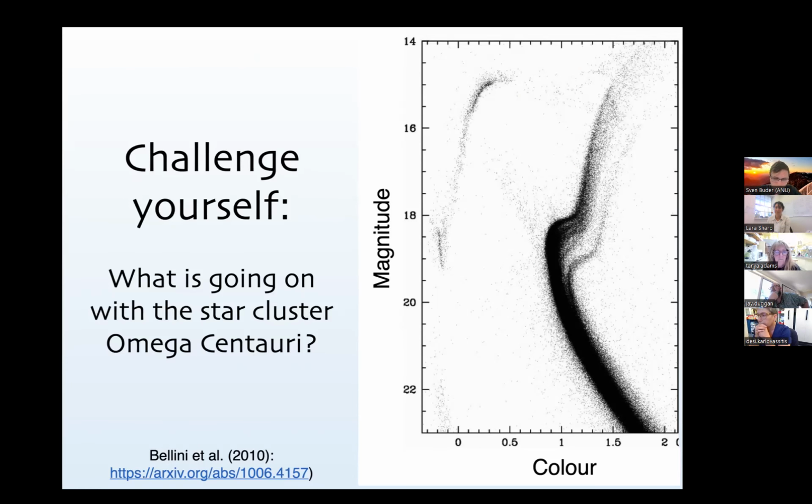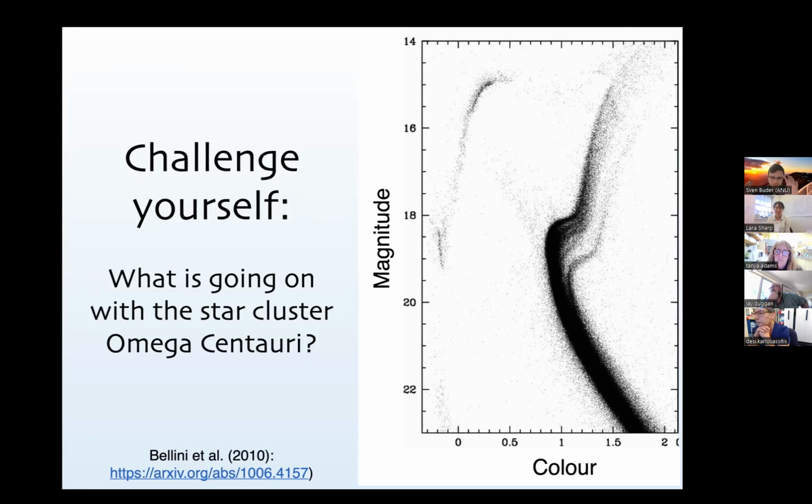For clusters, if they're simple populations, we expect only one sequence. One of the things still puzzling astronomers today, and we do a lot of research into this, is that for Omega Centauri we don't have one sequence as we saw for M67, but we have several.